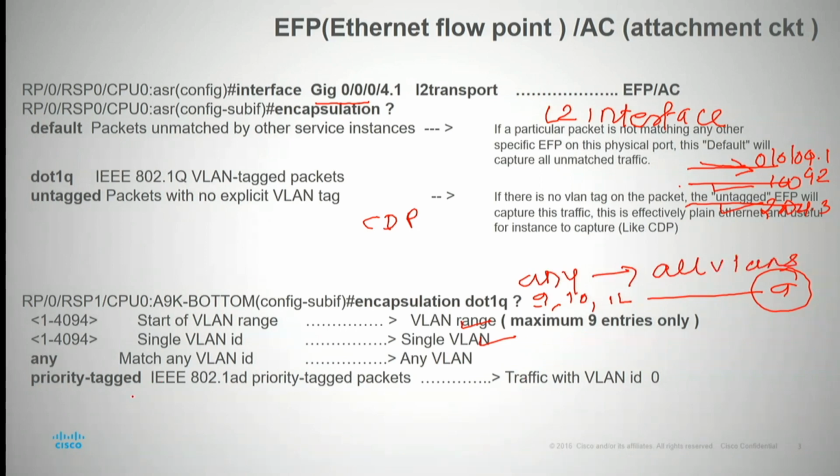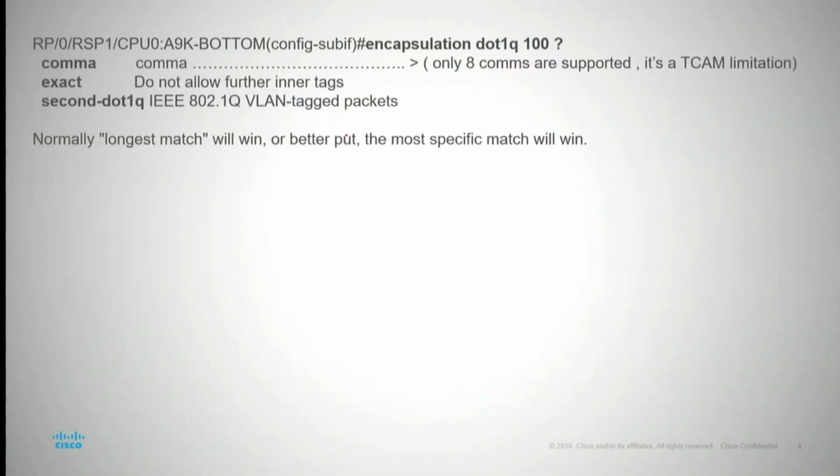Priority tag is generally used for VLAN ID tag 0. Next, under encapsulation dot1q 100, we have many options.